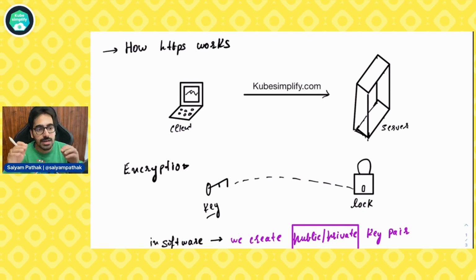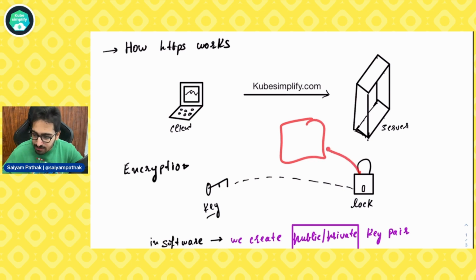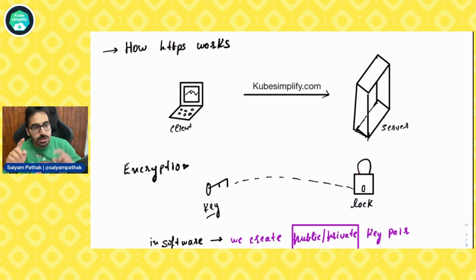The encryption, the key, and the locking, all these mechanisms are basically real-world scenarios. For example, you have a house and your house has a lock. Everyone can see the lock, but only you have the key to unlock it.